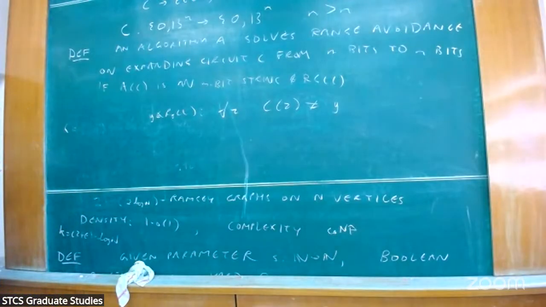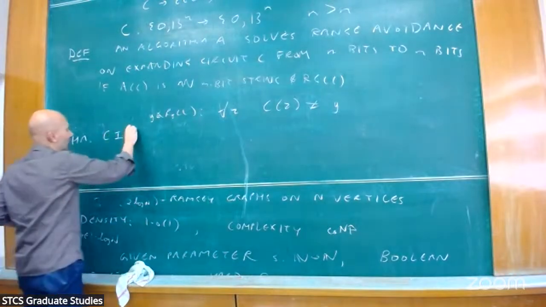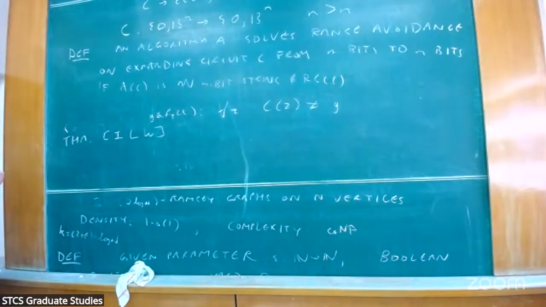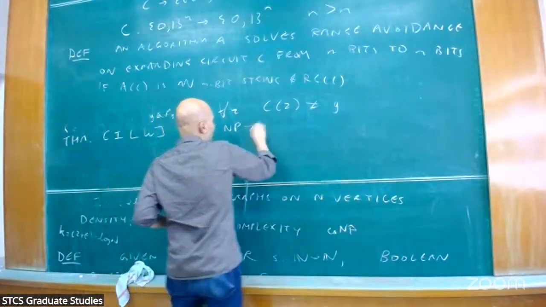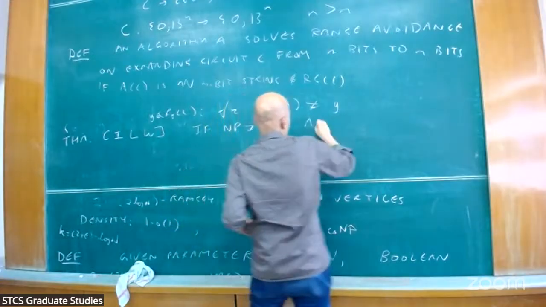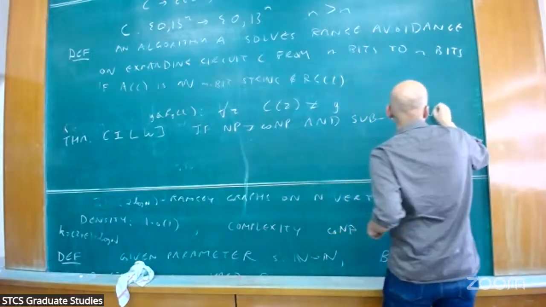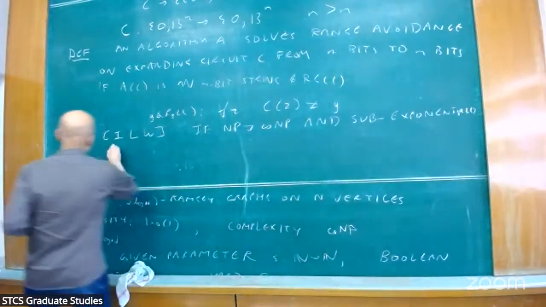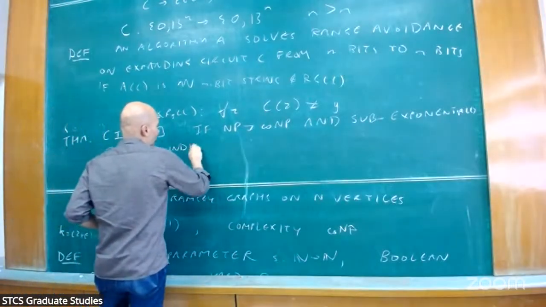But the punchline is this theorem by Ilango, Li, and Williams, which is that under certain cryptographic assumptions, so if NP is not equal to coNP and sub-exponentially secure indistinguishability obfuscation.